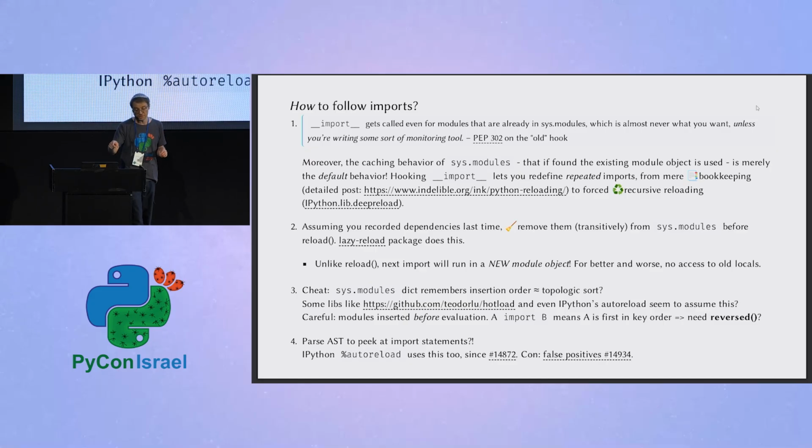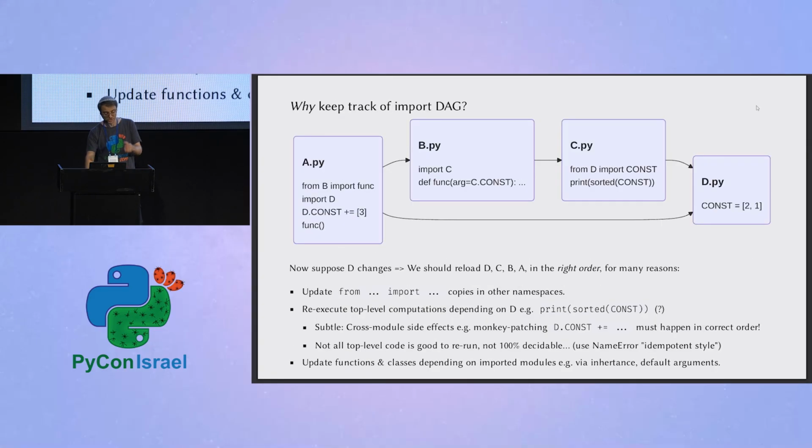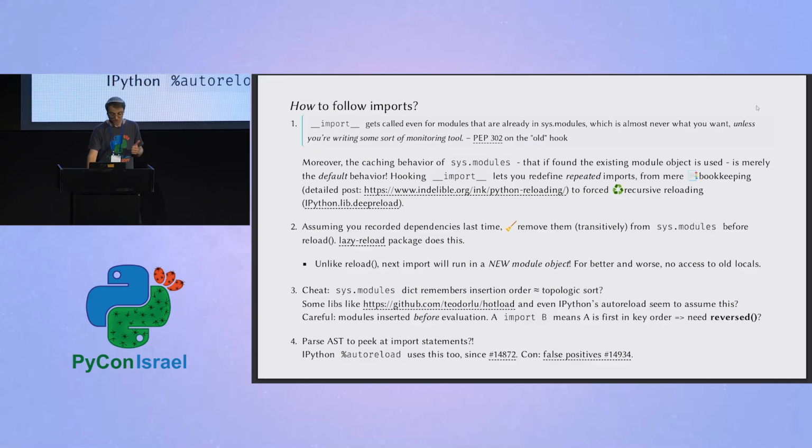But if you redefine this global hook, you can force it to do a deep reload, to reload the already loaded module anyway. So you can switch to this recursive mode around your specific reload. Then you start from A, and it will automatically reload B and C and D, and then get back to A. So that works nicely.